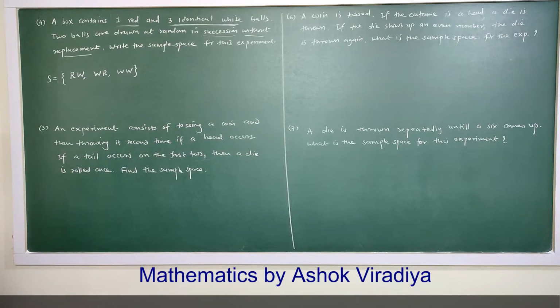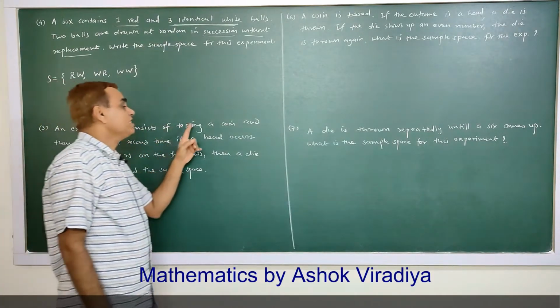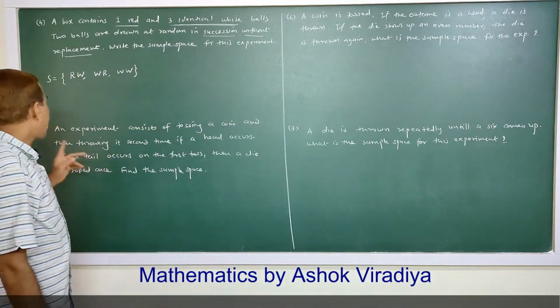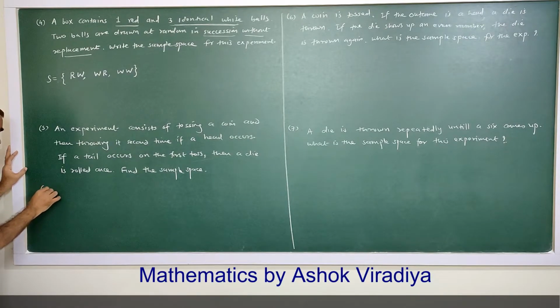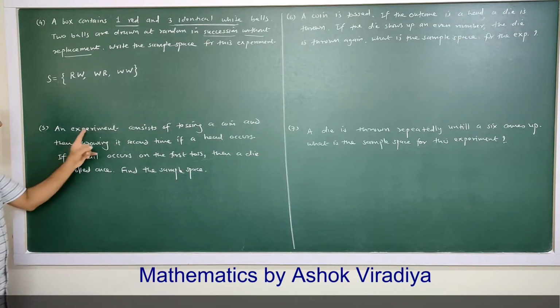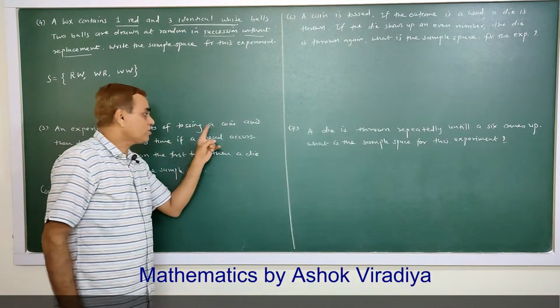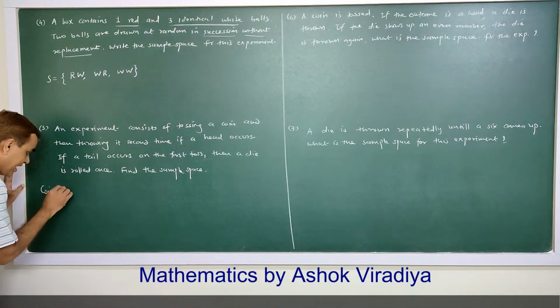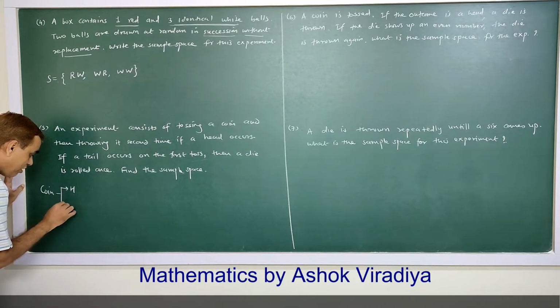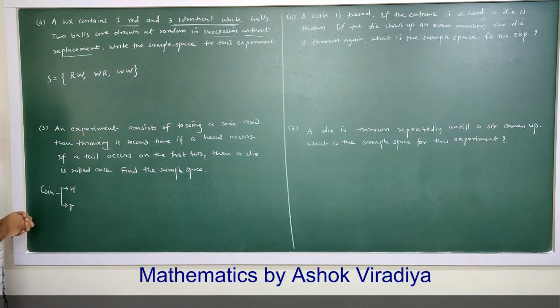Now with this question, an experiment consists of tossing a coin and then tossing it a second time. If head occurs, first of all, toss a coin. When we toss a coin, either head appears or tail appears.